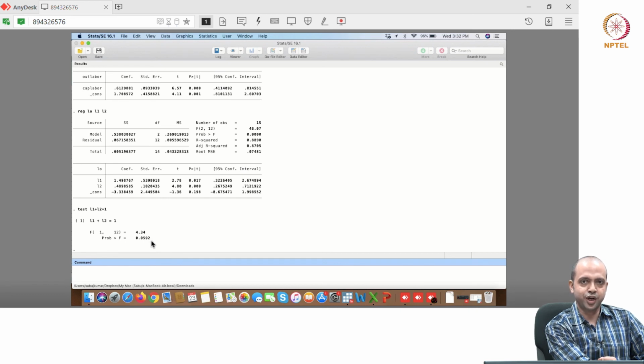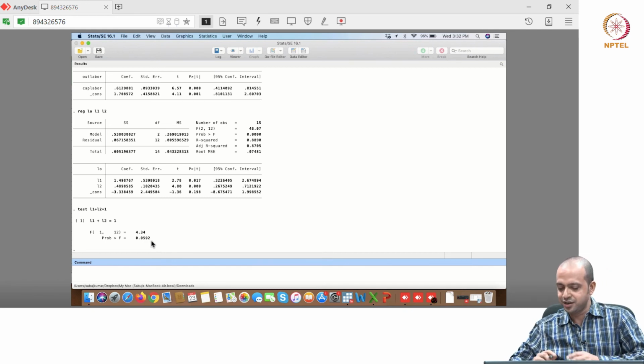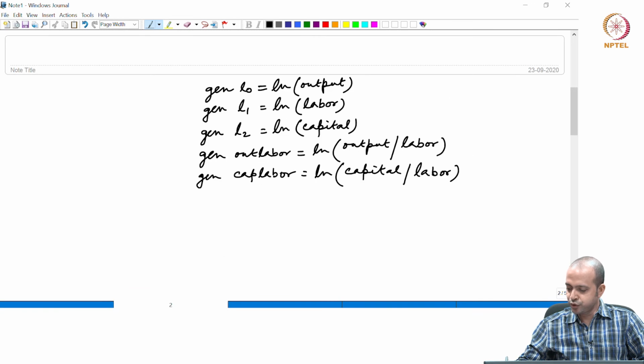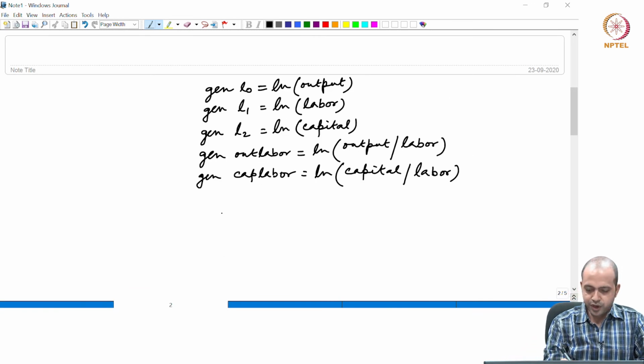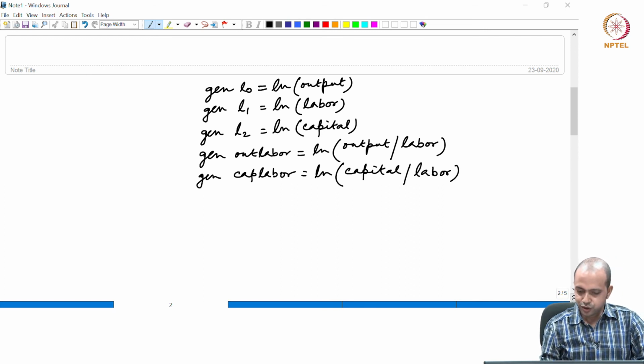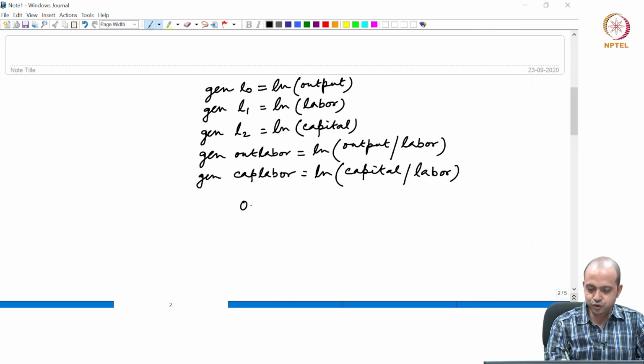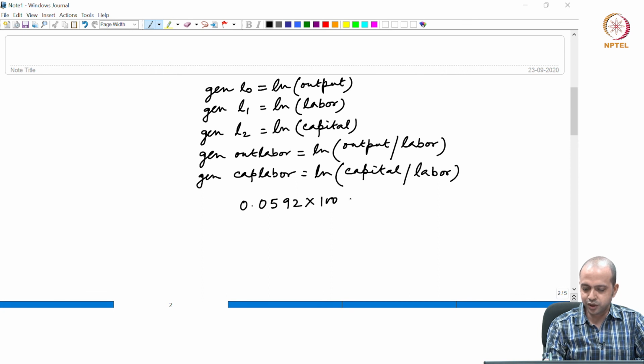Okay, 5.92. Since 5.92 is greater than 5 but less than 10, what I am saying is that you multiply 0.0592 by 100, then you will get 5.92.